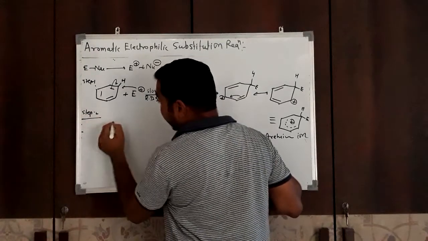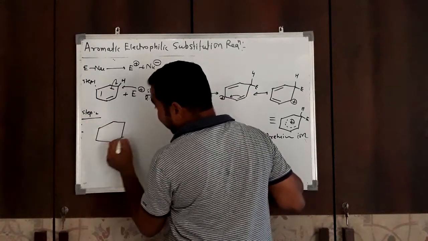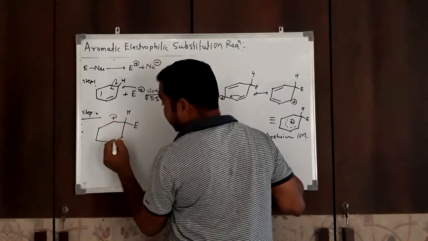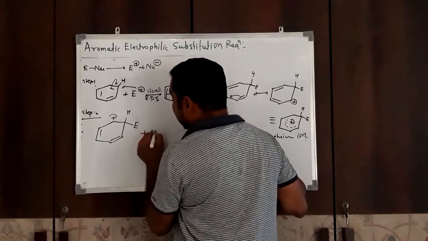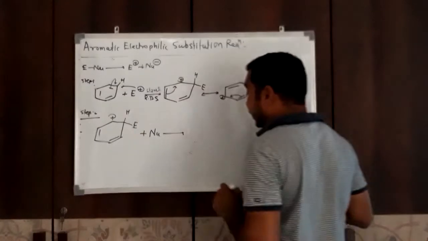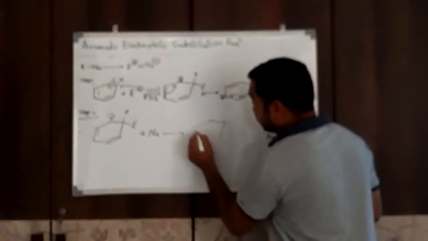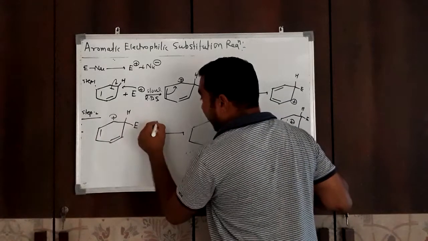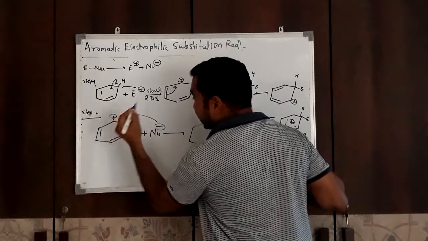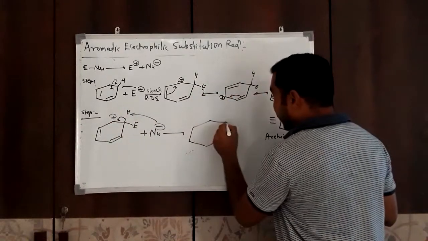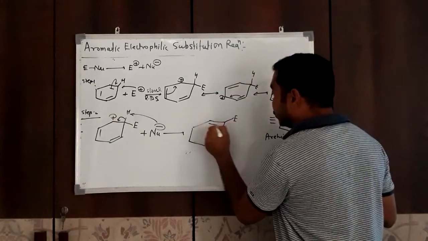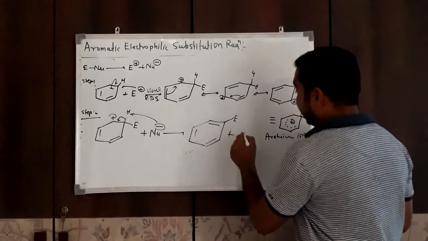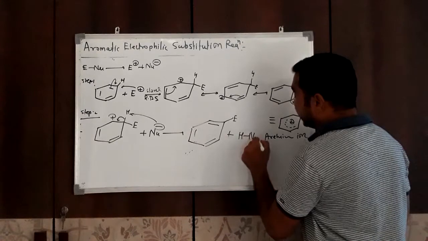And then step 2. In step 2, this carbocation which is formed in step 1 loses H plus and forms an aromatic product again. The negative part abstracts H plus, and there is transfer of electrons and formation of the mono substituted product with regaining of aromatic character, and H and Nu is the side product.